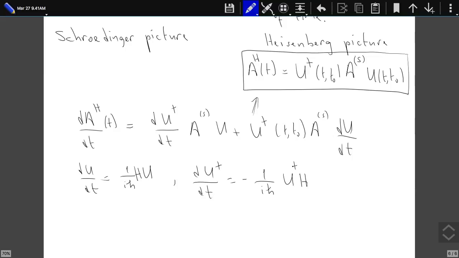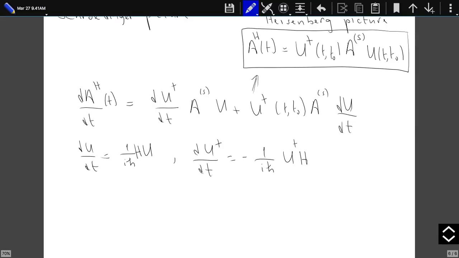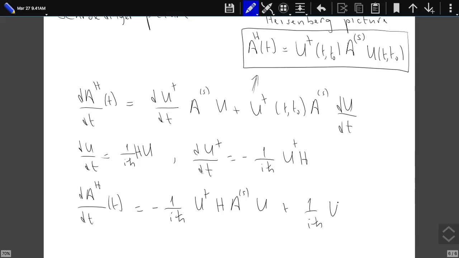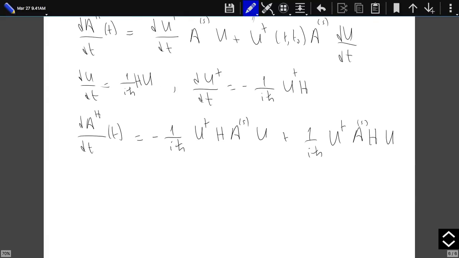Let us put them over there in our differential equation. dA by dt is equal to minus 1 over i h bar u dagger H A S u plus 1 over i h bar u dagger A S H u. These equations are anyway valid when H and u commute with each other.